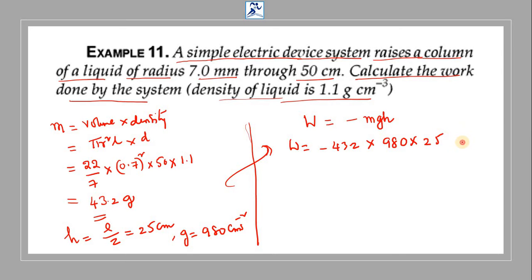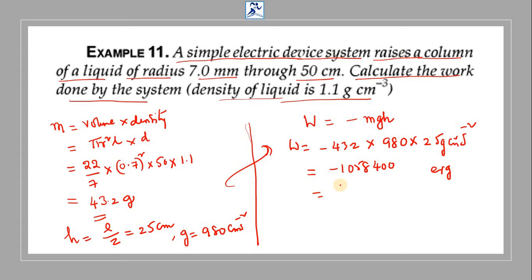This answer will be in gram centimeter square per second square, which is nothing but erg, and on simplification you will get 1058400.